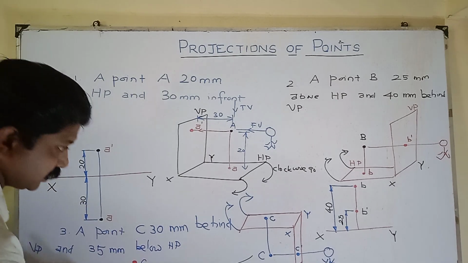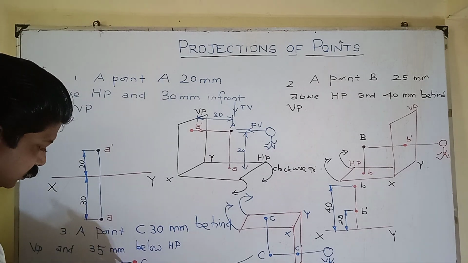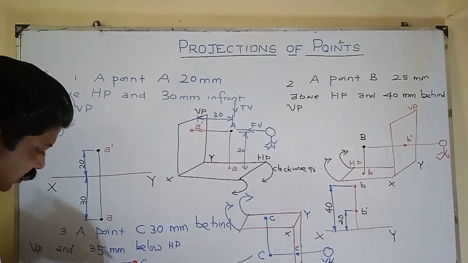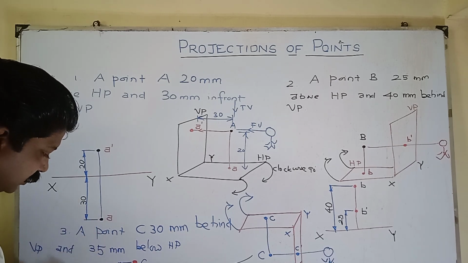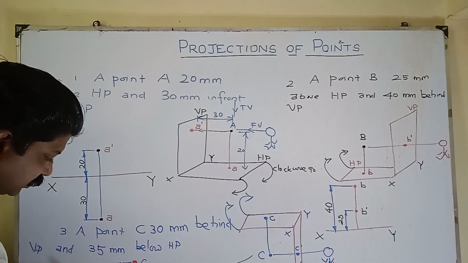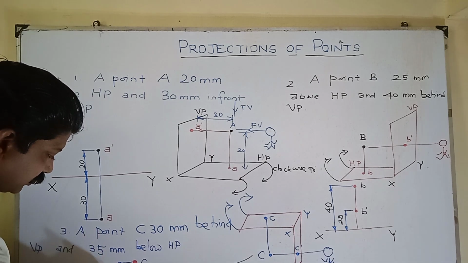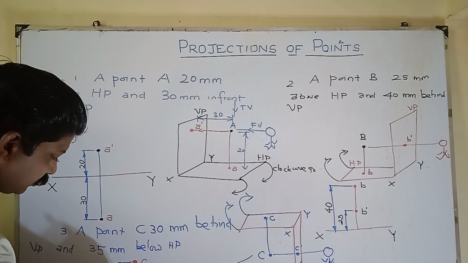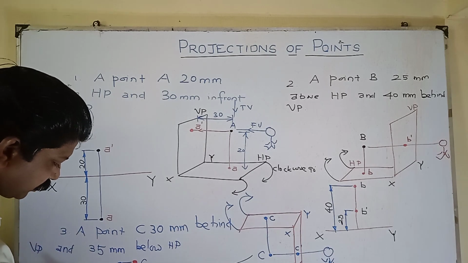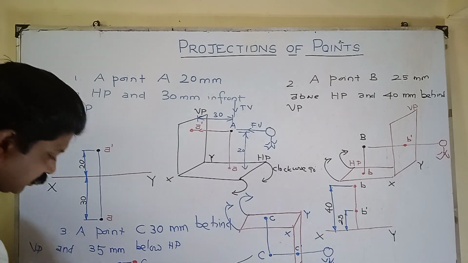Front view 35 below. So mark the dimensions, 30 mm and 35.